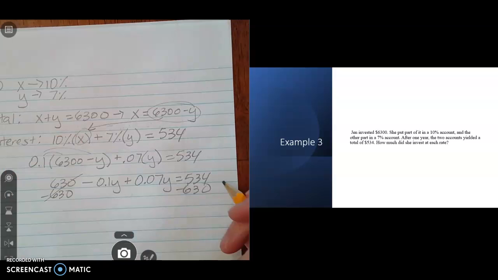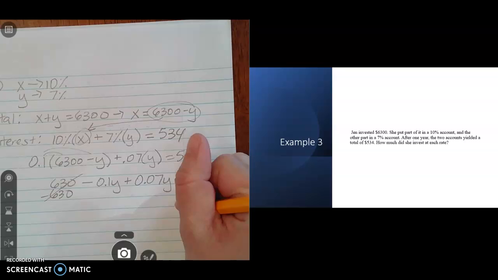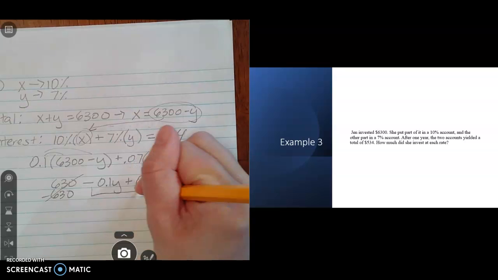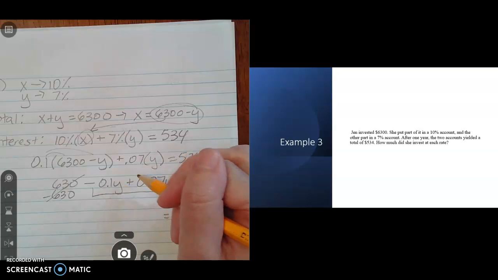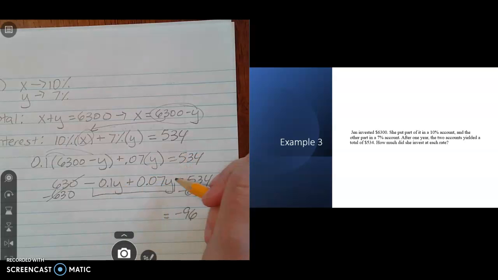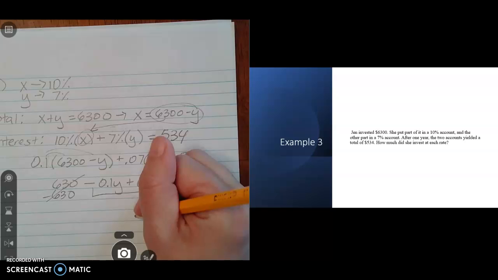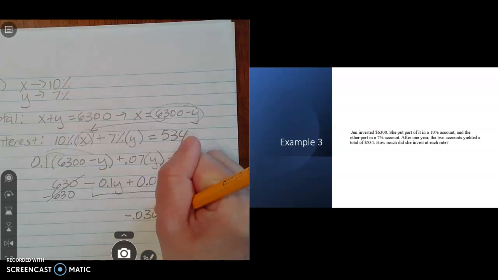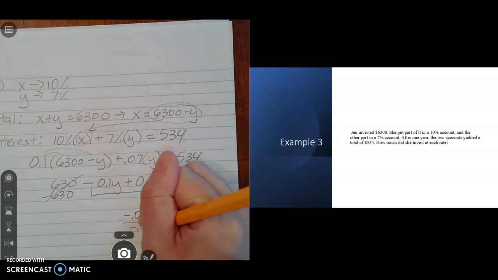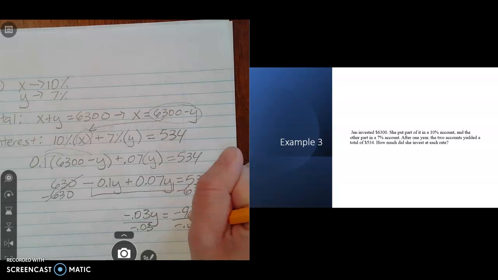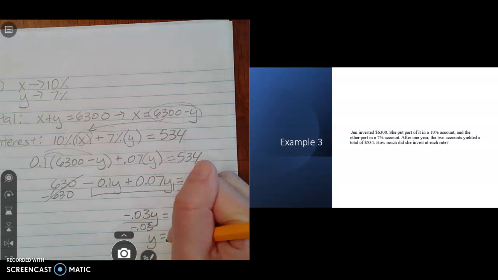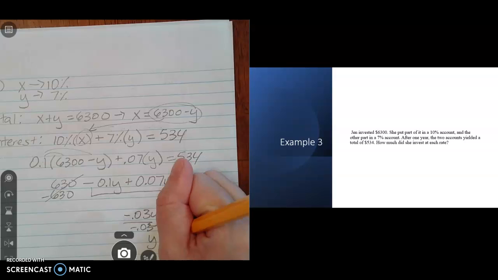That'll cancel. 534 minus 630 is negative 96. And I can combine like terms over here. Negative 0.1 plus positive 0.07 would be negative 0.03y. And then if I divide both sides by negative 0.03, I'll get y equals 3,200.